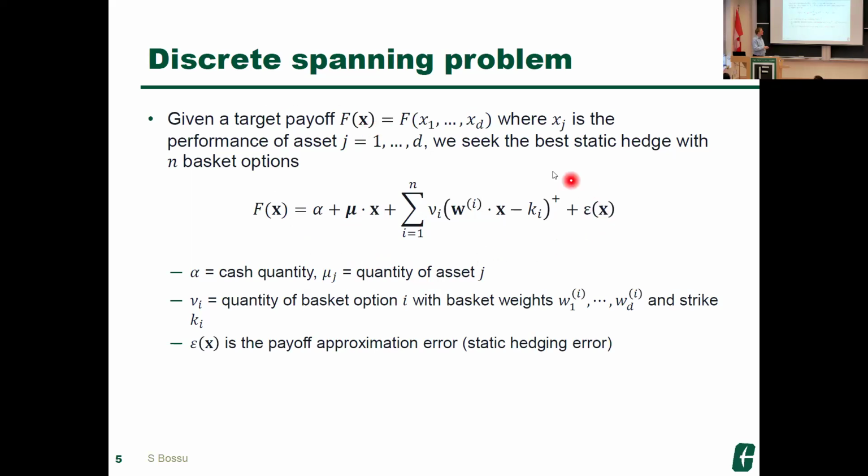The reason is that basket calls are easier to price and source, so this is very interesting to industry. We try to find quantities nu_i of some basket call number i, where the weights are specified by the vector w_i. We also allow for some constant cash and a combination of the underlying assets. There's an error term, and we're trying to minimize the error. So this is a nonlinear regression type of setup.